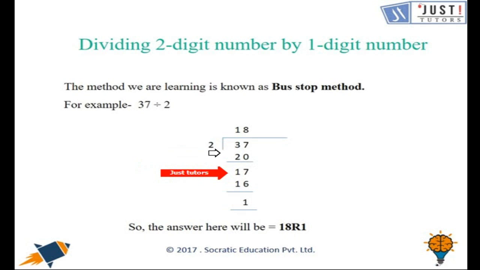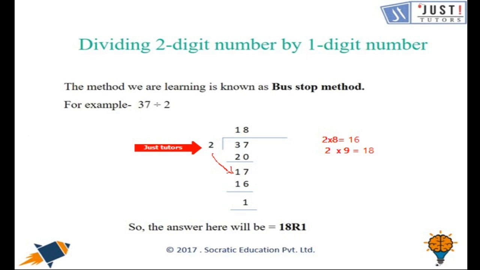Now the next step is to see how many times 2 goes into 17. 2 times 8 is equal to 16, and 2 times 9 is equal to 18.